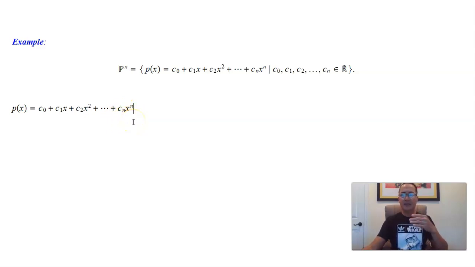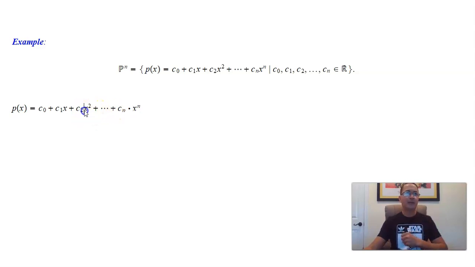Because we had C1 V1 plus C2 V2. So let's start at the end over here with the highest power. So obviously we can think of the monomial x to the n as multiplied to c sub n.